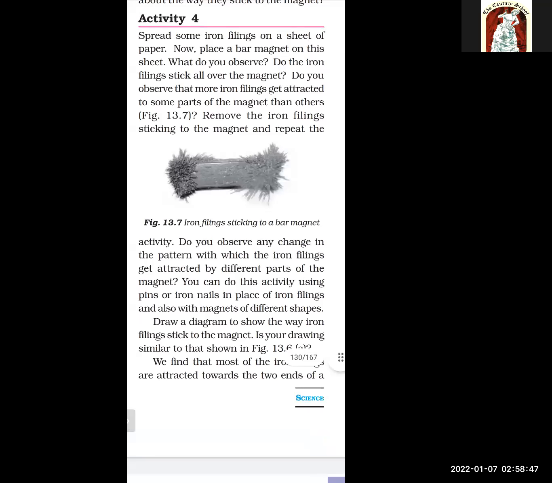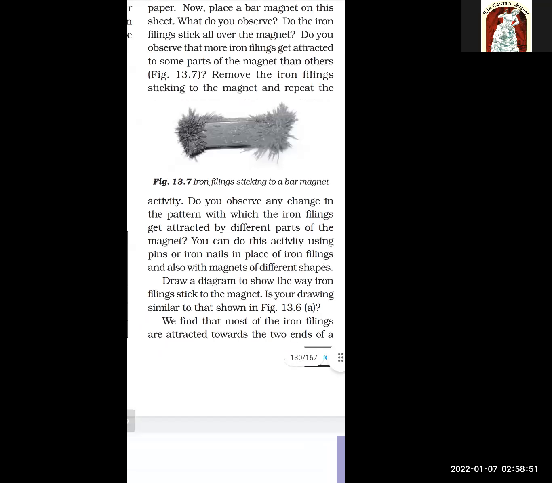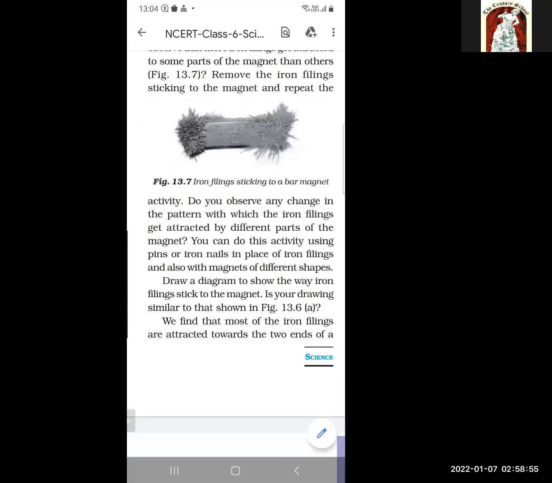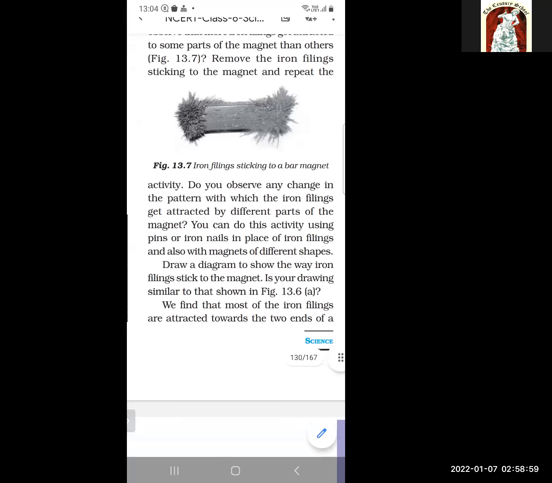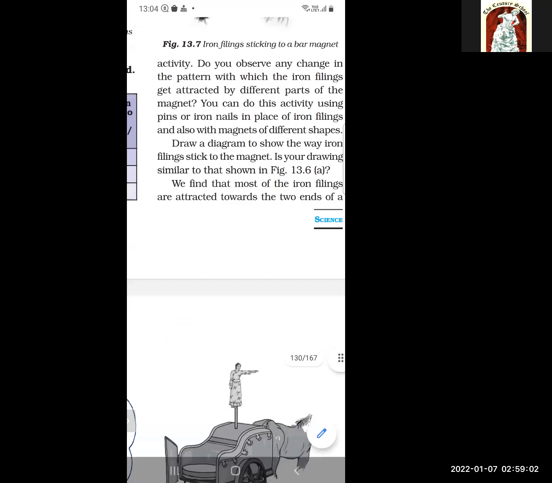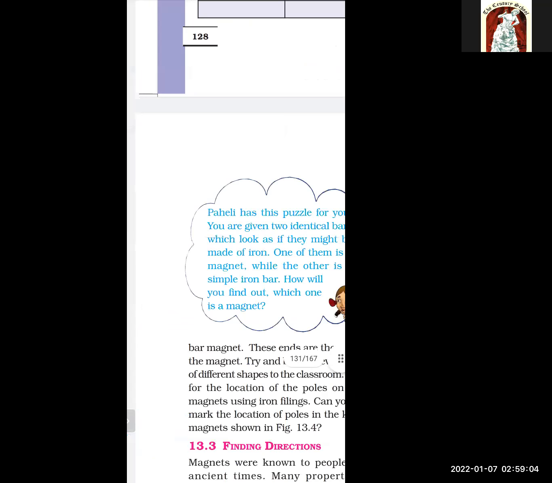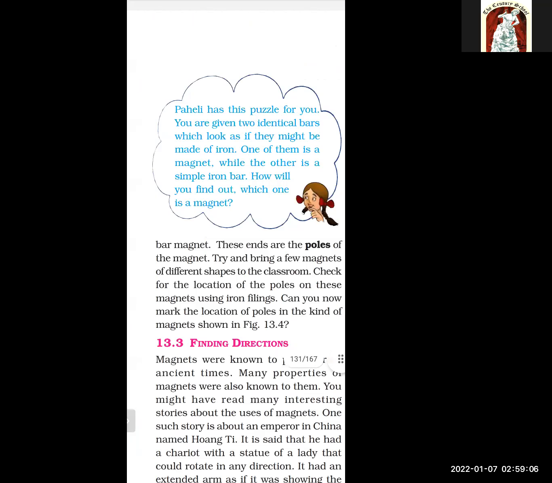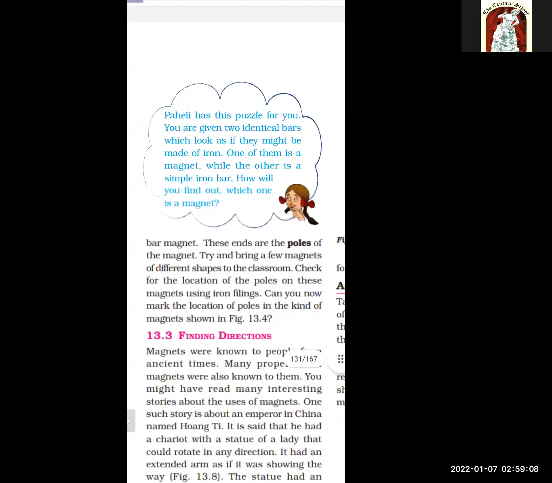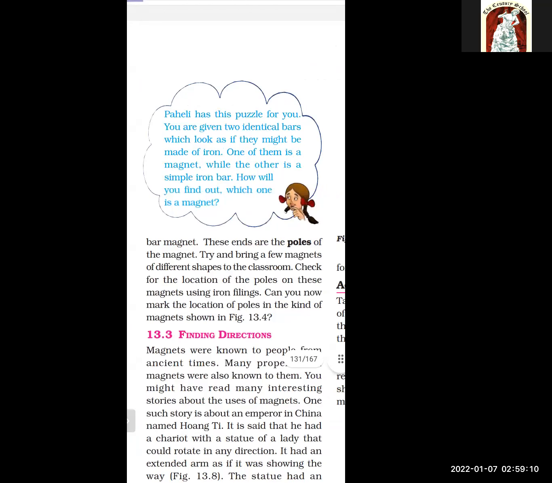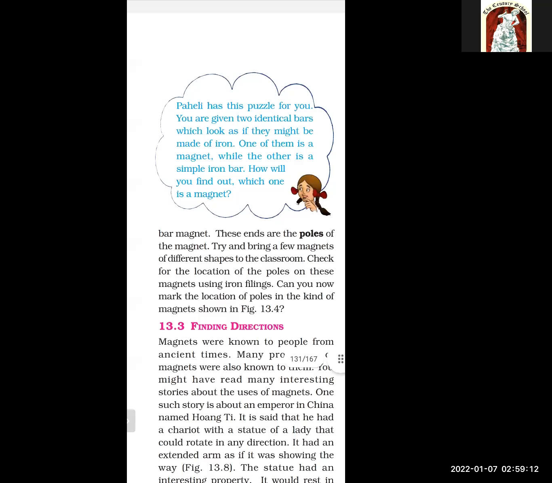Draw a diagram to show the way iron filings stick to the magnet. Is your drawing similar to that shown in the figure? We find that most of the iron filings are attracted towards the ends of the bar magnet, and these ends are called poles. So where the iron filings collected, those ends are called poles.